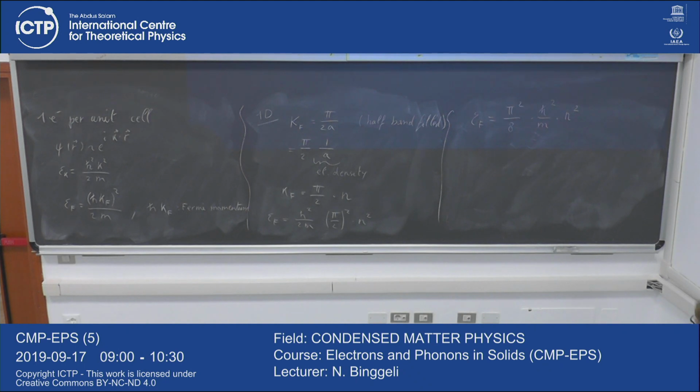So I could change my Fermi energy by changing my density, by changing the length of the unit cell. Okay, so this is for the one-dimensional case. Now I will go to the two-dimensional case.